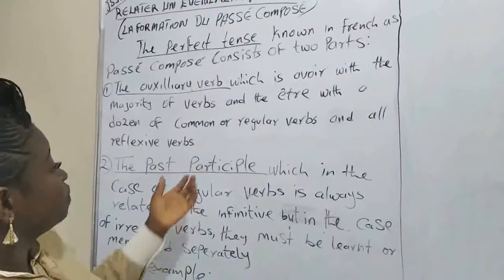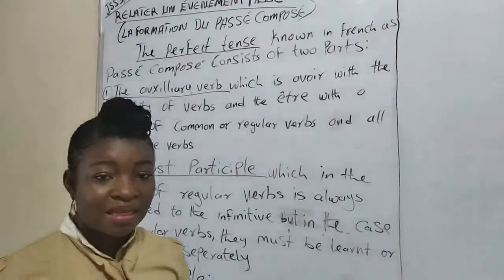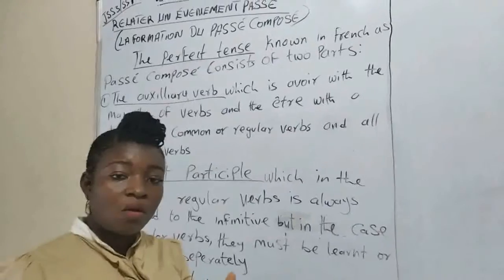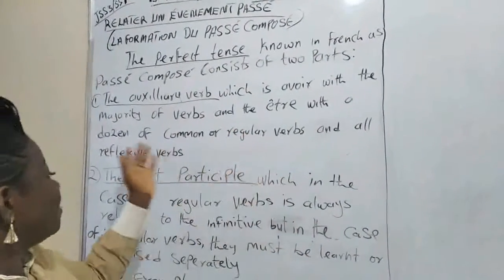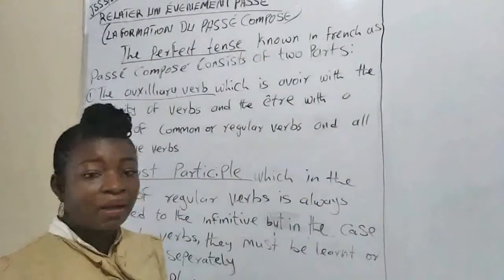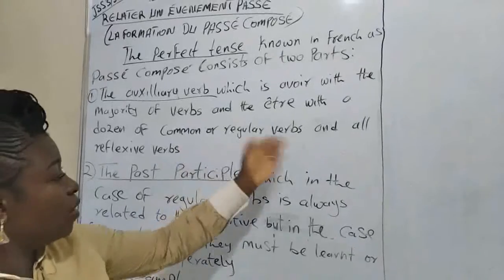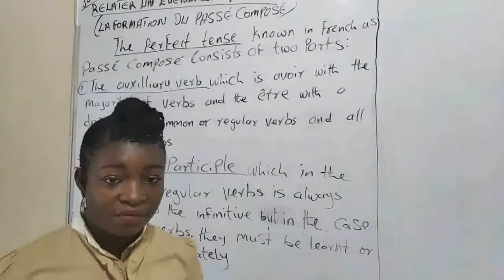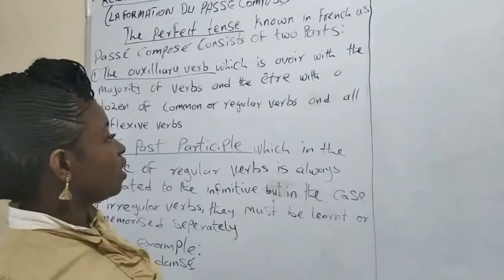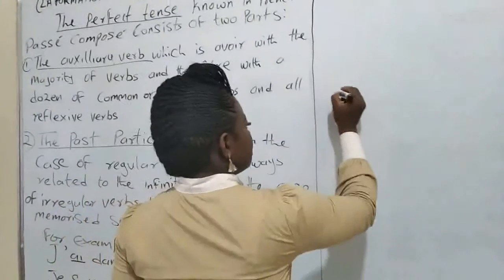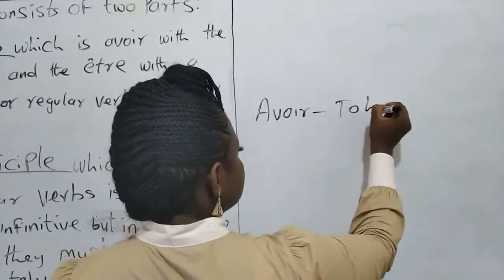Alright, now, this avoir has to do with so many verbs. So many verbs take on avoir in the past tense. For être, we have few of them. Just about a dozen, and then most of them are common verbs and reflexive verbs. Now, when I say être or avoir, this is avoir, which is to have.